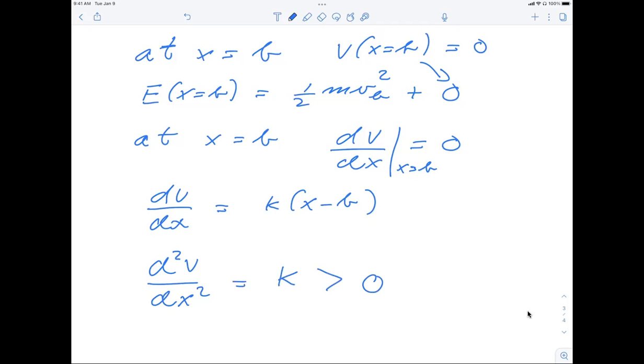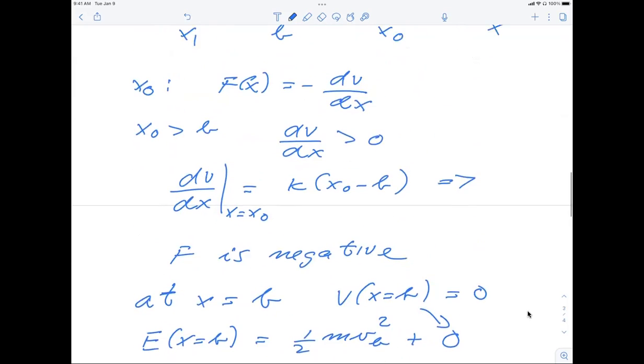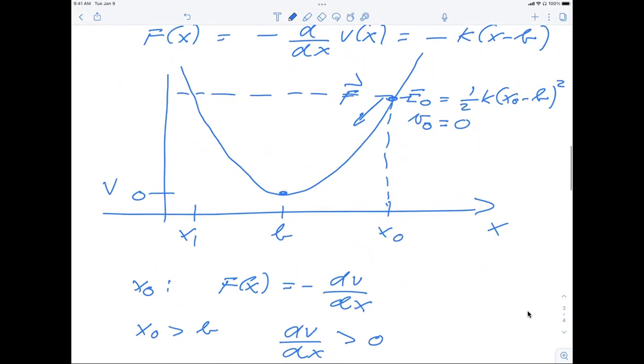What do we call such a function where the second derivative is positive? You remember that? When you look at the function which we have plotted. So let me scroll up a little bit. When you look at the potential energy here, this type of function has a specific name in the math literature.